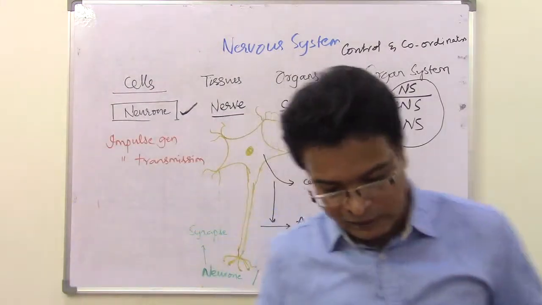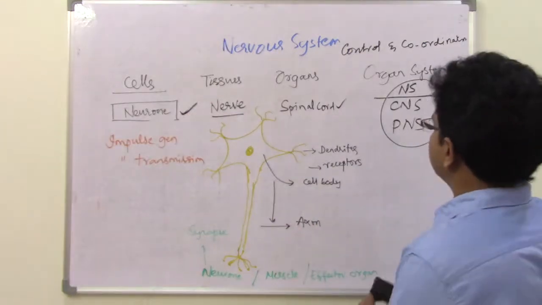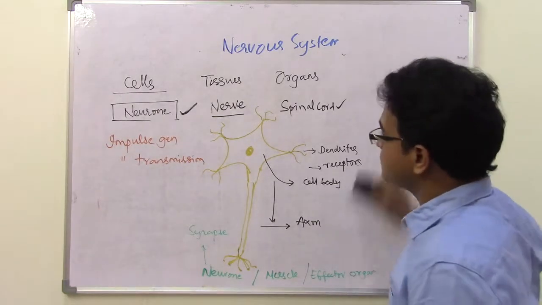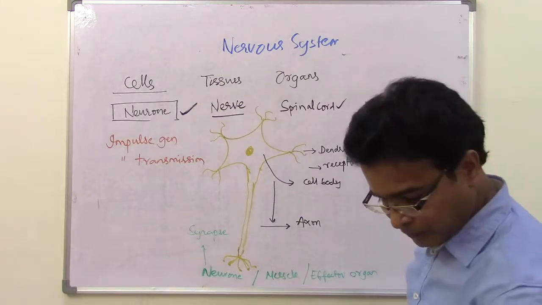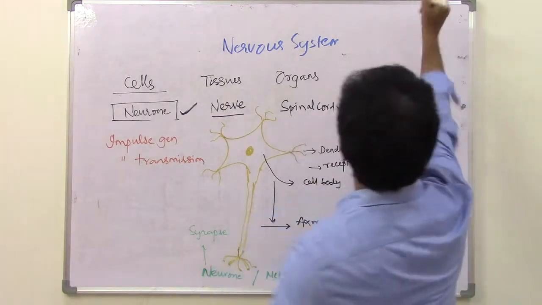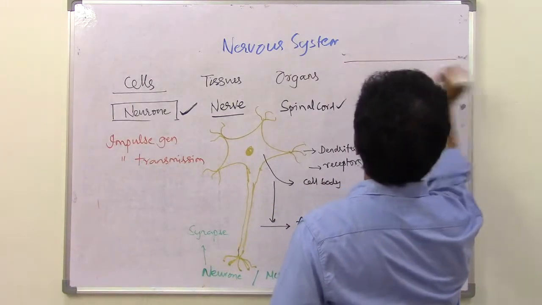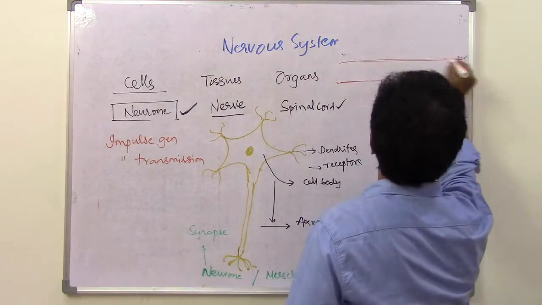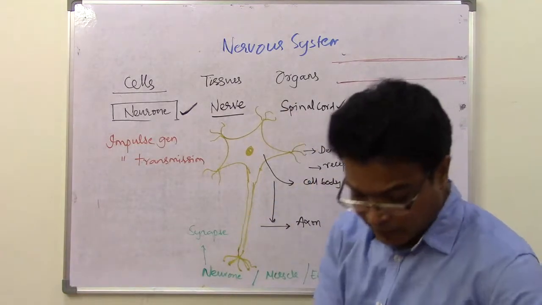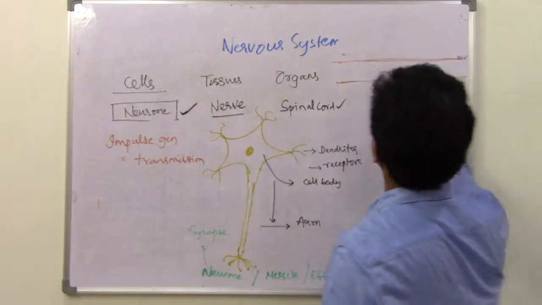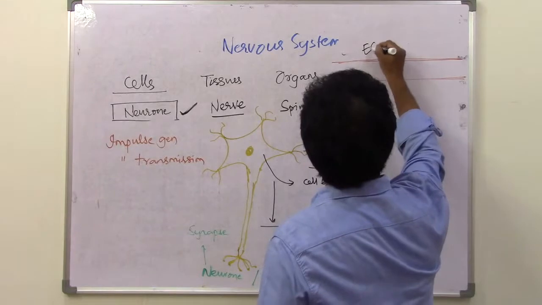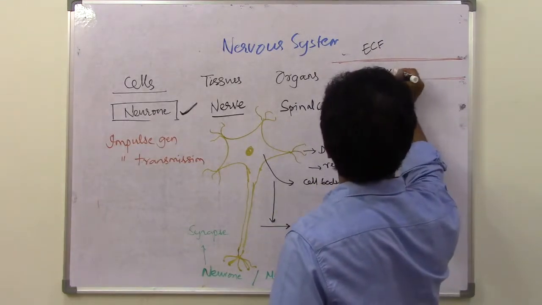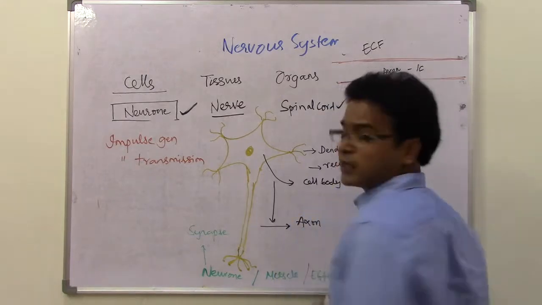Now, to pass this information, we have a concept called action potential. So the action potential, how do we explain this? Let's say this is the axon, okay, and we have in our body, this is extracellular environment, fluid. This is inside the axon, that is intracellular.